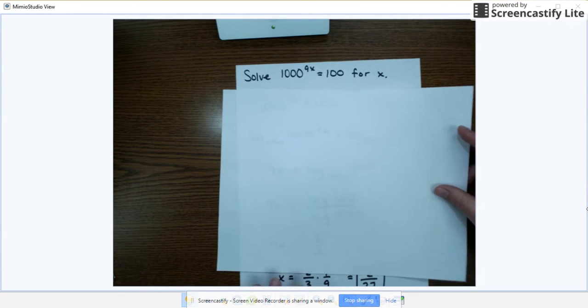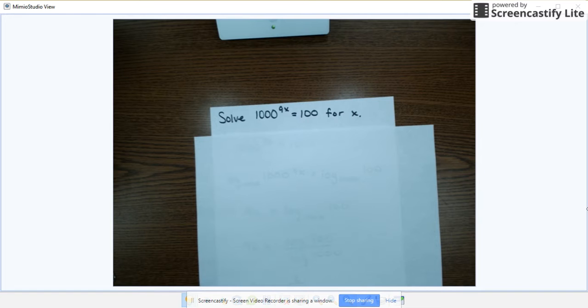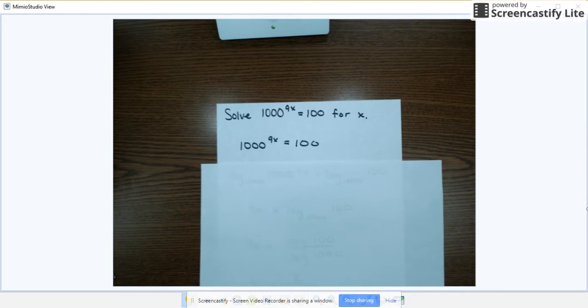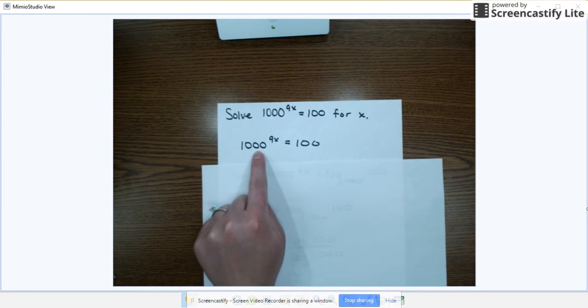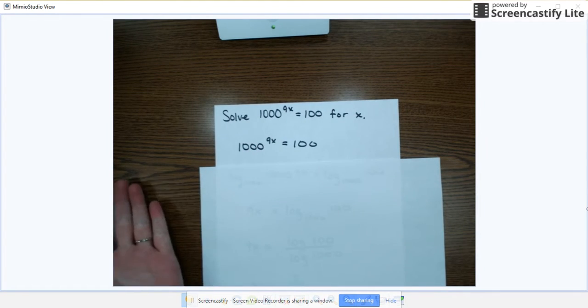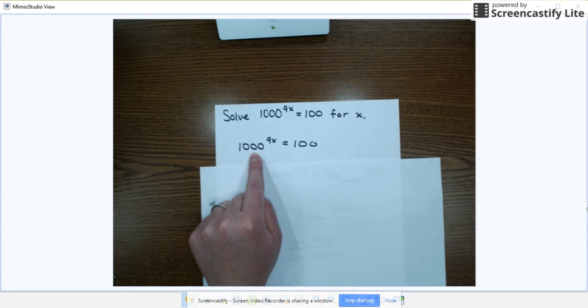And lastly, we're going to take this 1,000 to the 9x equaling 100, and we're going to solve for x. So we want to know, what is our exponent going to be? So here's our problem. If you recall, our inverse property for exponents tells us that if we take log base 1,000 of this thing, the log base 1,000 and our 1,000 as our base cancel off.